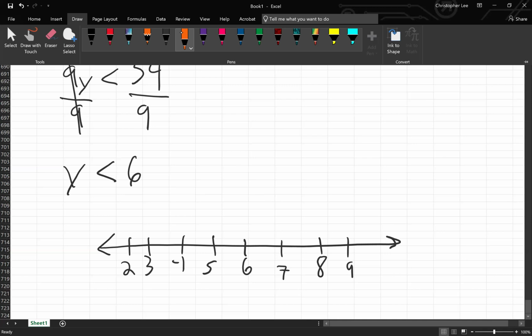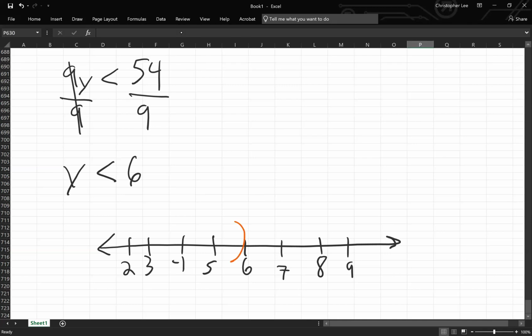So I want all the numbers that are less than 6, parentheses around 6. Let's shade these in. And then for interval notation, we're going to go from negative infinity to 6, parentheses, parentheses.